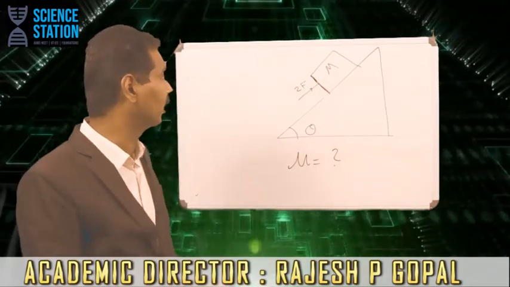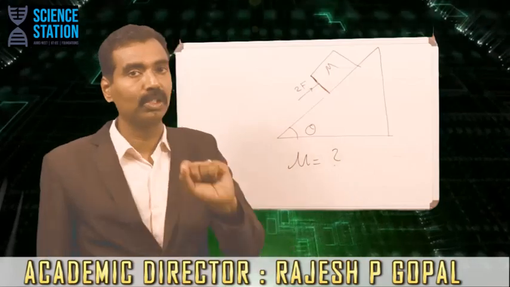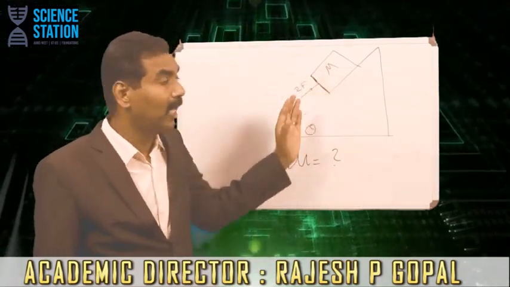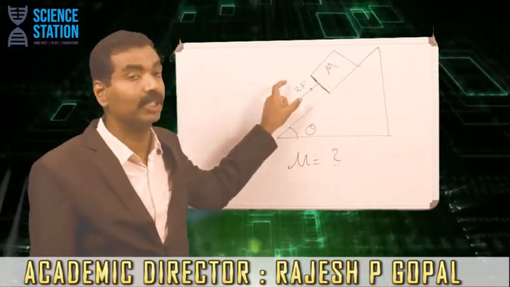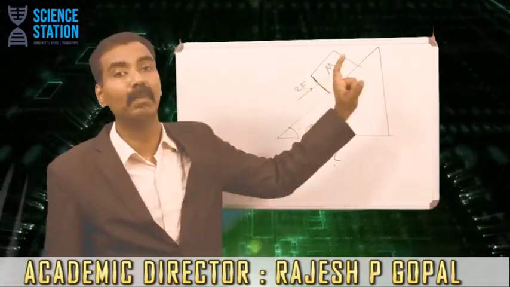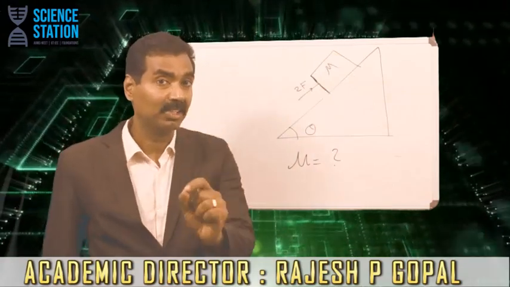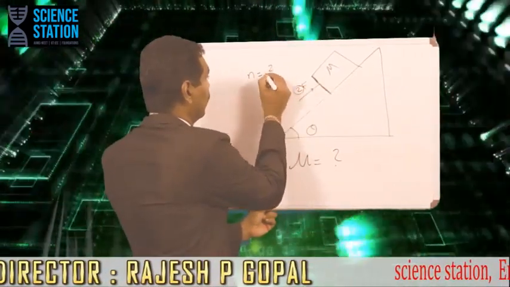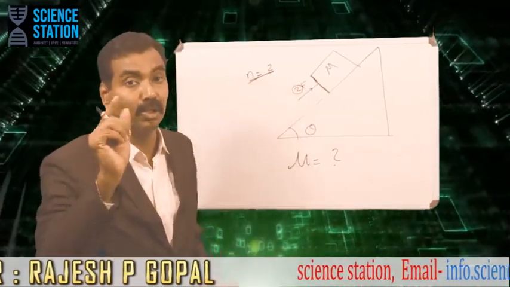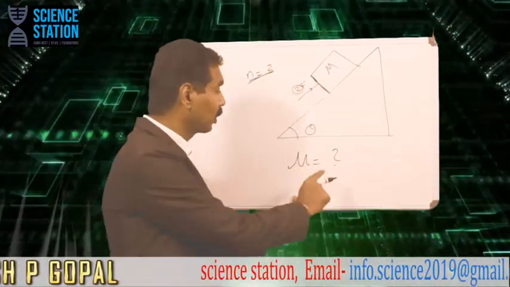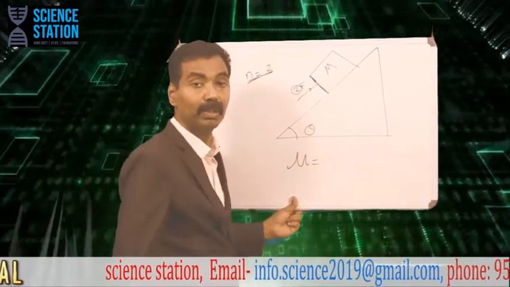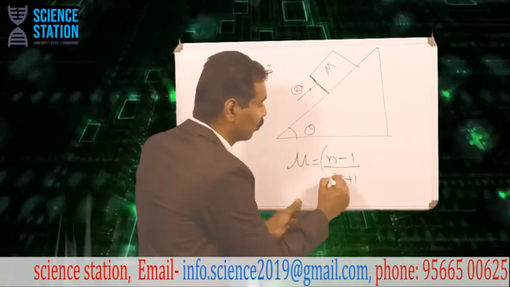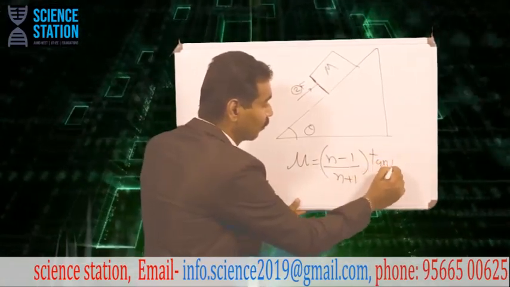Just listen. Initially the force F is needed to stop the body from sliding down the plane, and then the force 2F is needed to push the body up the plane. So let us take N equal to 2, and there is a shortcut to find the value of mu: mu equals (N minus 1) by (N plus 1) into tan theta.